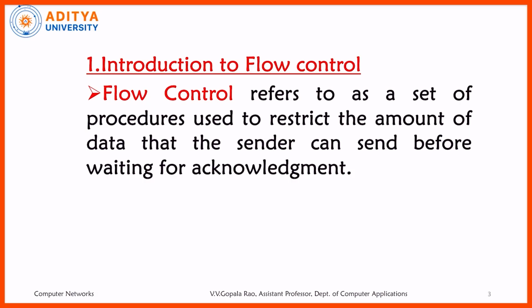Without any acknowledgement, suppose you continuously transmit frames in the data link layer, then there may be a chance of losing some data frames, so that ultimately the meaning of the message may be lost. That is why flow control plays a very important role as far as the data link layer's responsibility is concerned.